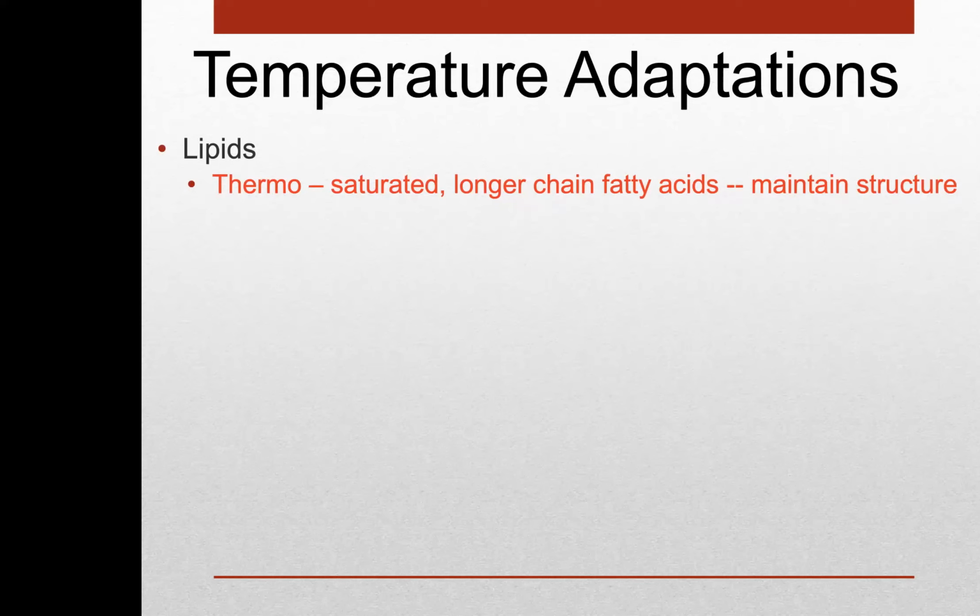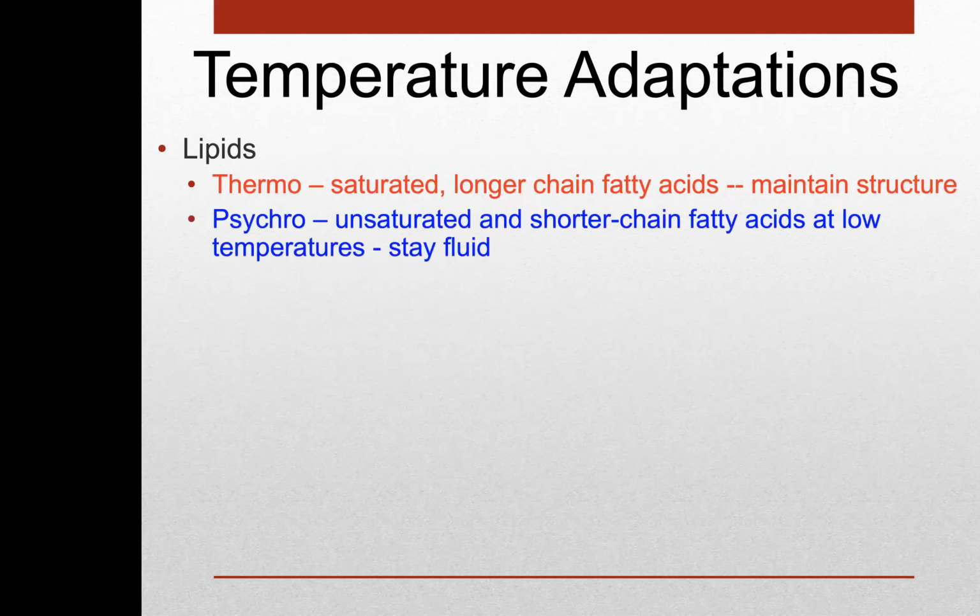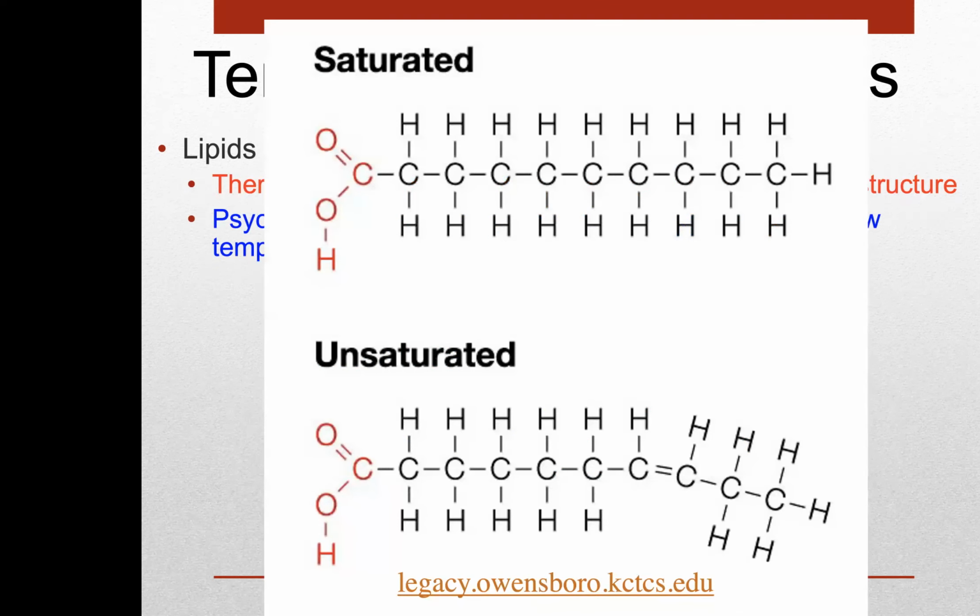Under low temperatures, they want to lock up and freeze. So thermophiles tend to have saturated longer chains. Psychrophiles tend to have unsaturated fatty acids with shorter chains so that they can stay fluid as long as possible as the temperature drops. So as a reminder, saturation just means you've got protons on all of them.